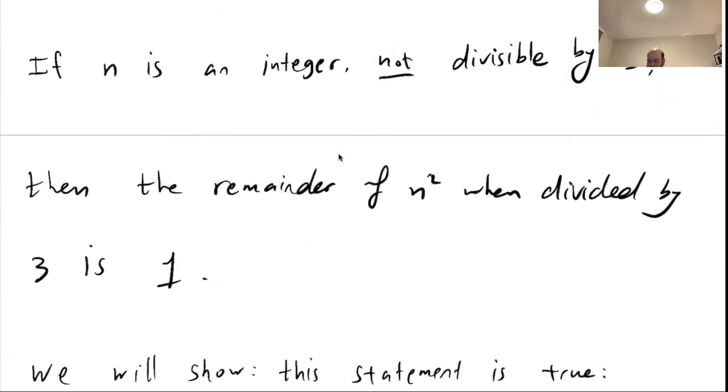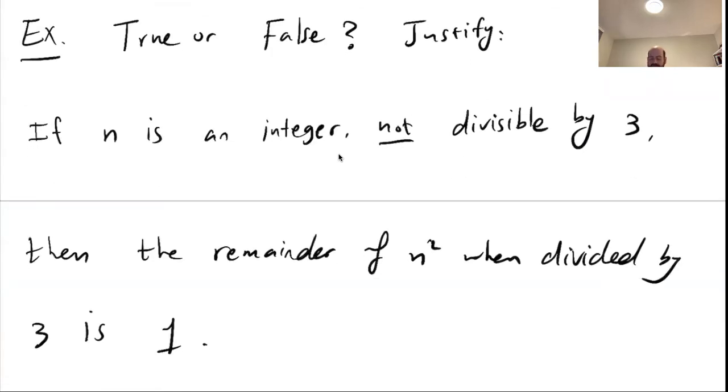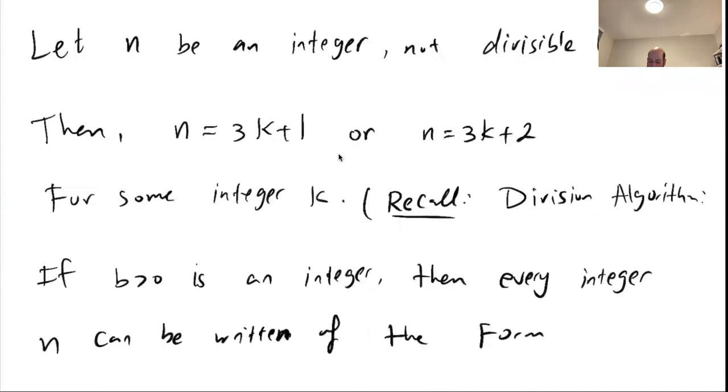Okay. Now, another example, let's think about a similar example to the one we provided here. But let's say I remove the condition. Look at the assumption here: it was saying n is an integer and is not divisible by 3, and then we said n squared has remainder 1. What if I remove the part that says not divisible by 3? Do you think the statement is still true or false now? So let's look at this example.